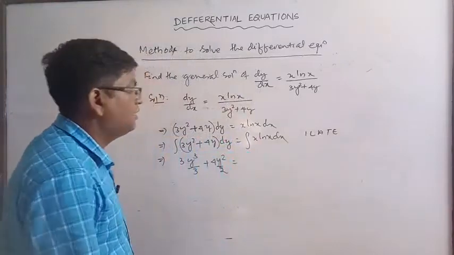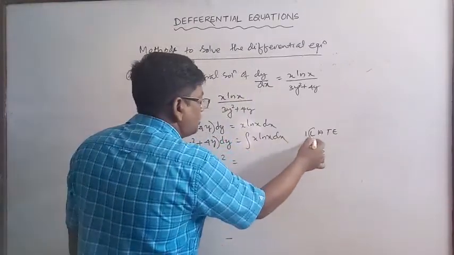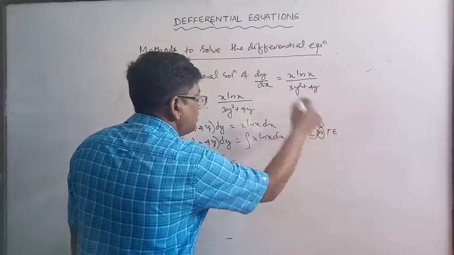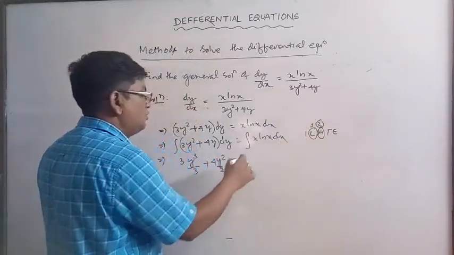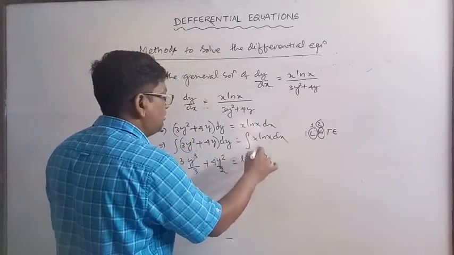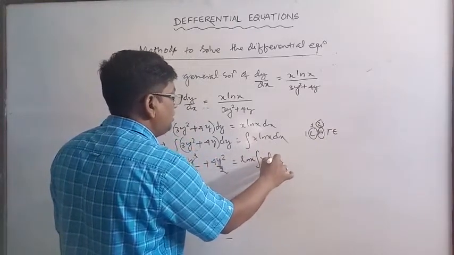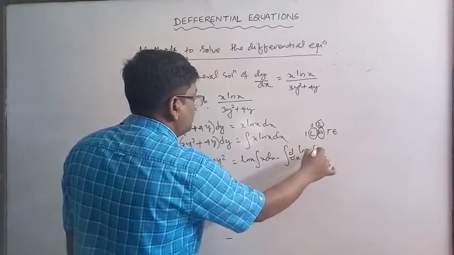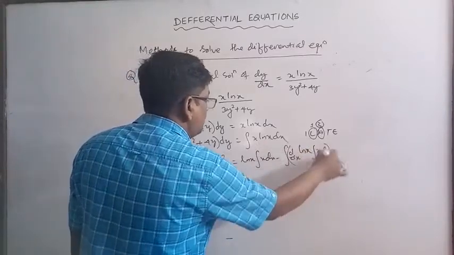Logarithm, then algebra. Log is the first function, algebra is the second. So log x times the integration of x dx, minus the integration of the derivative of log x times the integration of x dx.